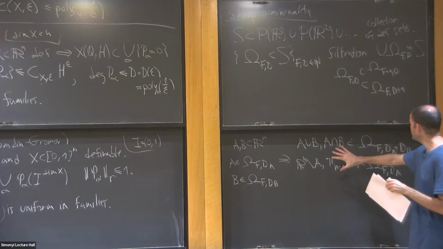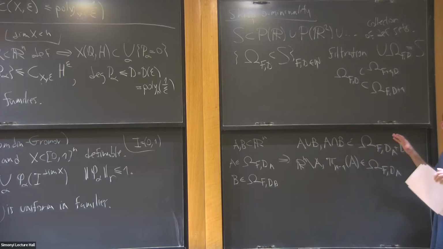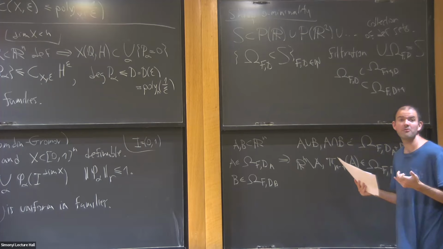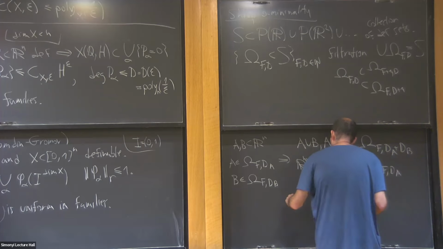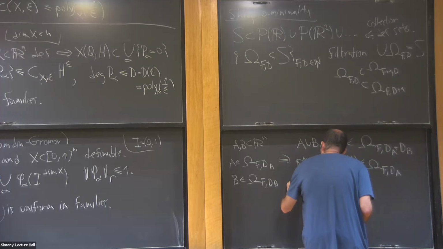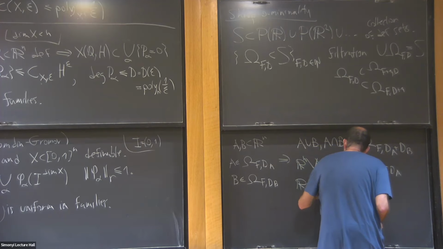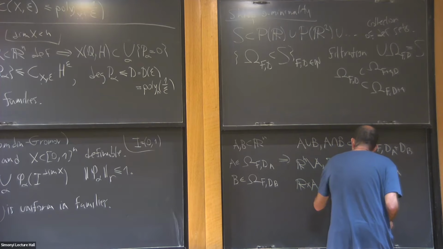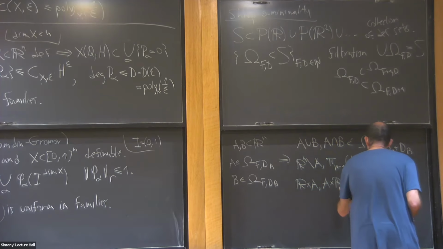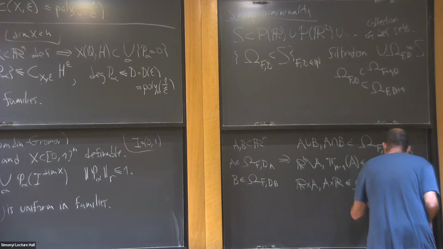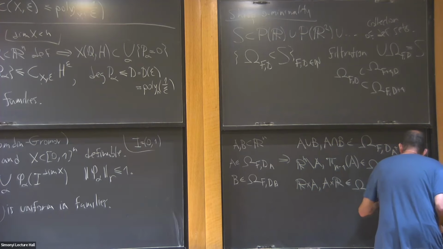But so far, nothing increases the format. Somehow, if it was like this, then the format would be bounded. There's one more operation in o-minimality that you have to allow, and this does increase format, and that's adding a variable. Okay, so if I do R times A or A times R, then this is going to be in Omega_{f+1,d_A}.